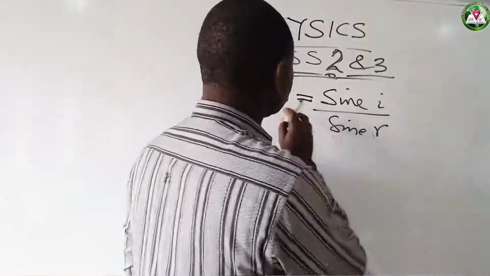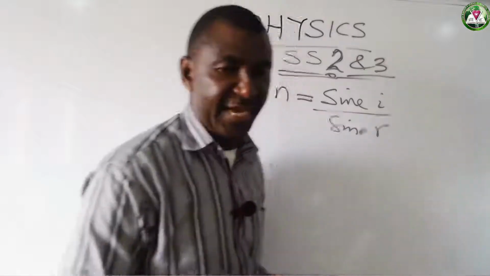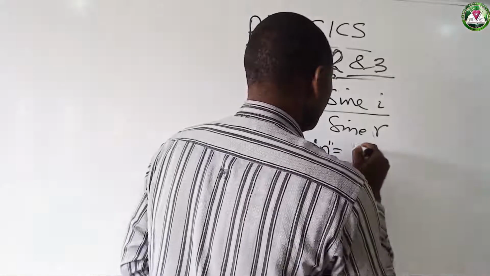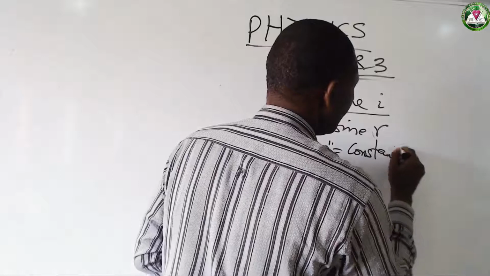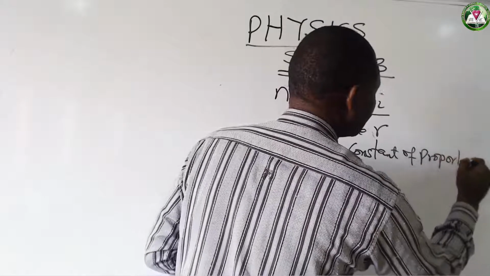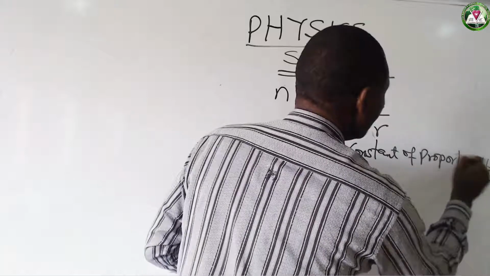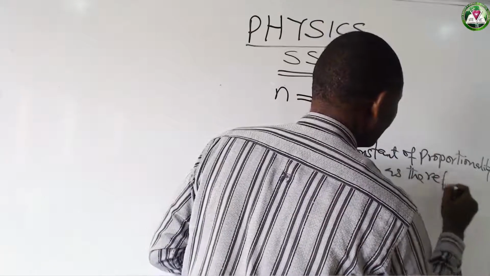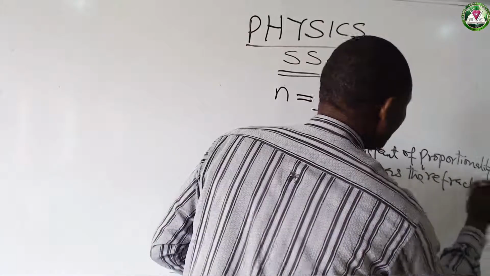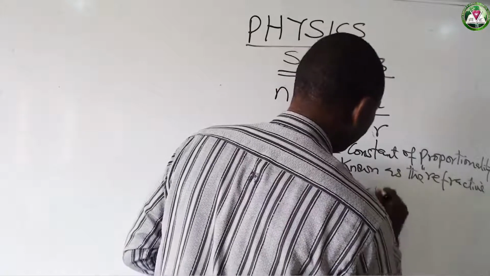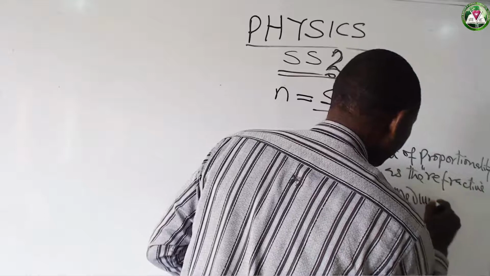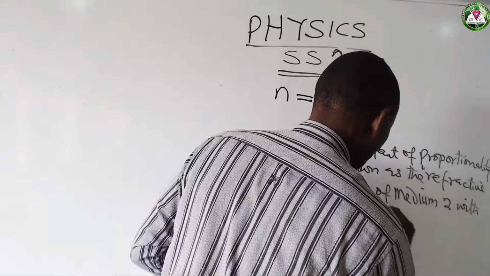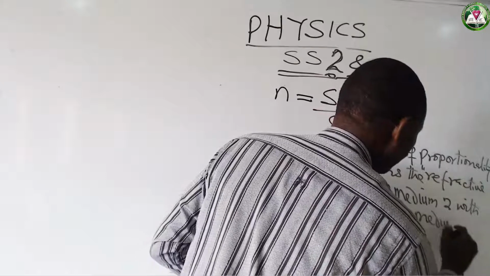That is, sine i over sine r is equal to n, where n equals the constant of proportionality, known as the refractive index of medium 2 with respect to medium 1.